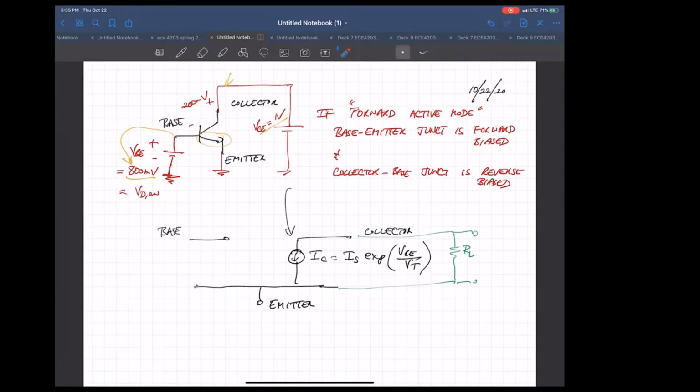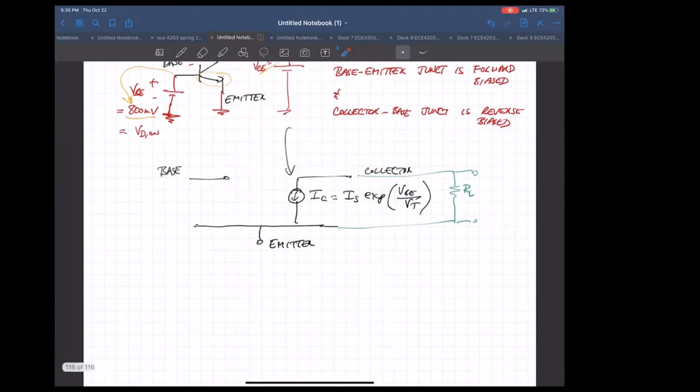VBE acts like the input voltage, and this current I sub C acts as the output current. Okay, so that's where we were. And then we said that I sub S is proportional to the area of the emitter.